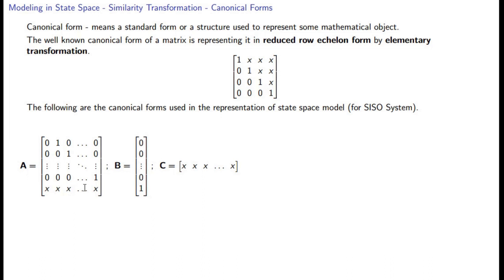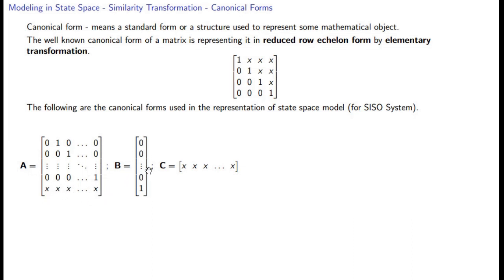Please notice that the super diagonal is the diagonal formed by all the elements above the main diagonal. So in this canonical form, except this last row and this super diagonal, all the elements will be 0, the super diagonal will be all ones, and the last row can be anything, ones or zeros or non-zero elements.